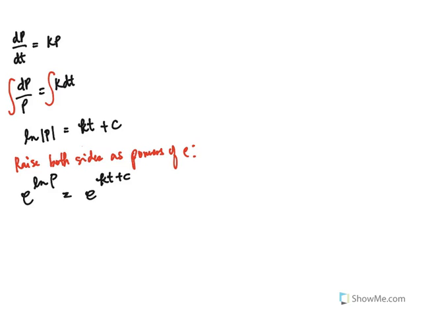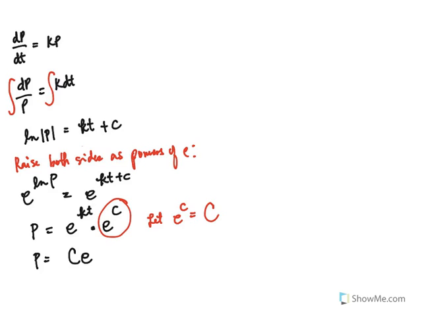Now, e raised to ln P is just P. That's equal to, we can rewrite the right-hand side as e raised to kt times e raised to C. But e raised to C is just a constant, since e is a constant and C is a constant. So if we let e raised to C be equal to another constant, capital C, then P is equal to capital C e raised to kt.